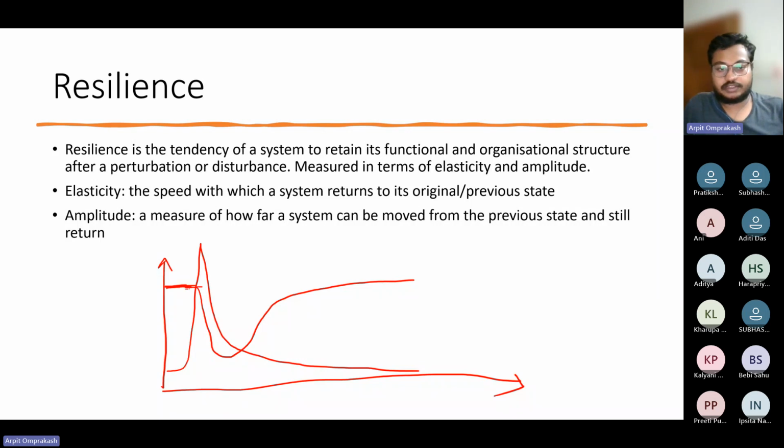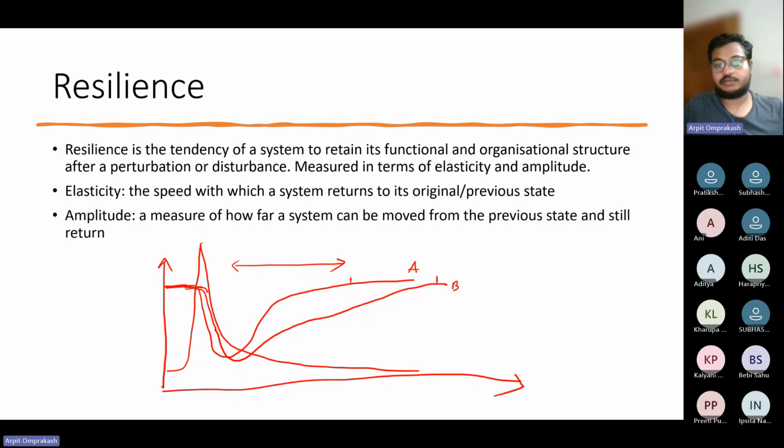Now, there might be another system given the same amount of disturbance. Given the same amount of disturbance, there might be another system that goes down and comes up like this. Right. So here, the first system is system A and the second is system B, let's say. System A comes back to normal in, let's say, this much time.